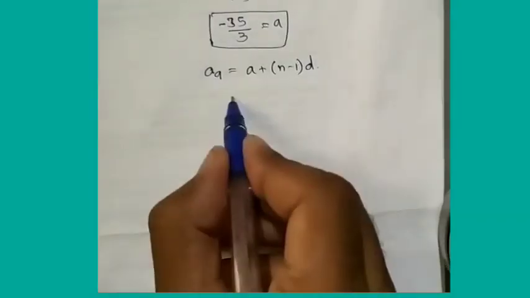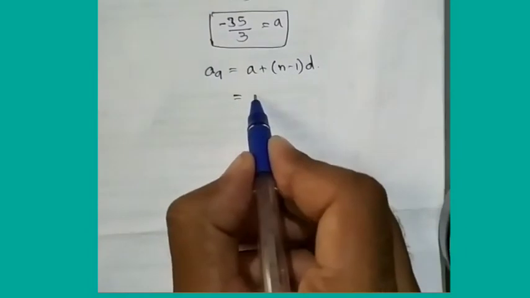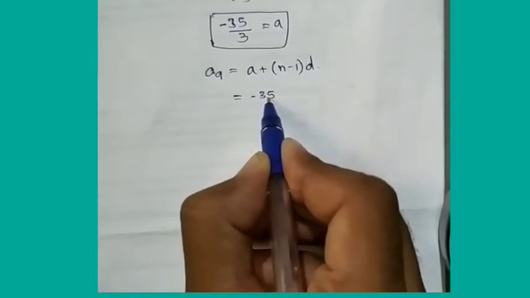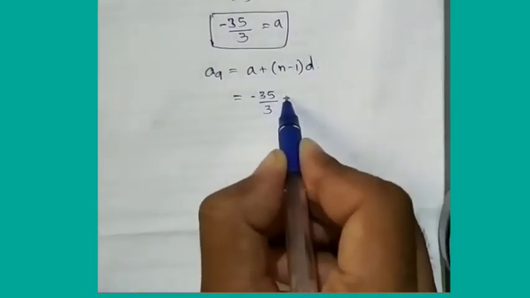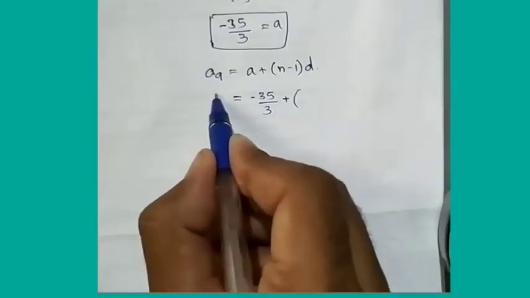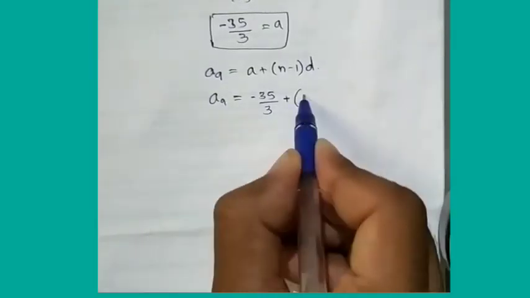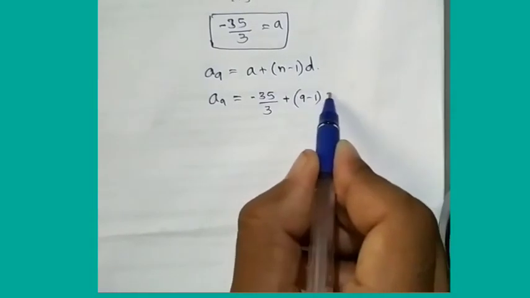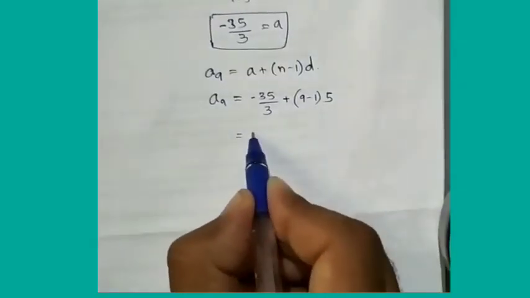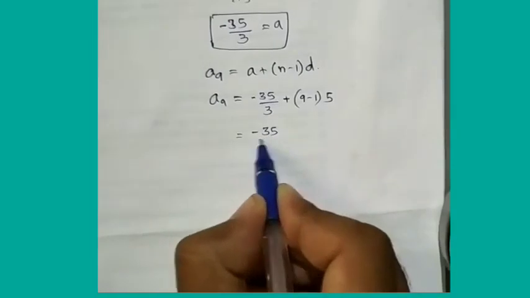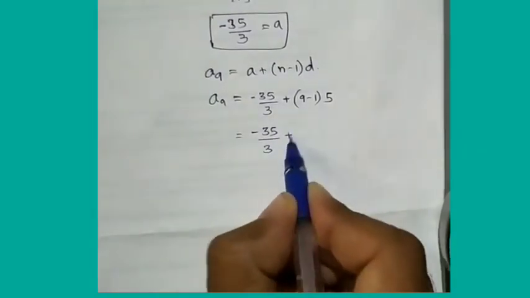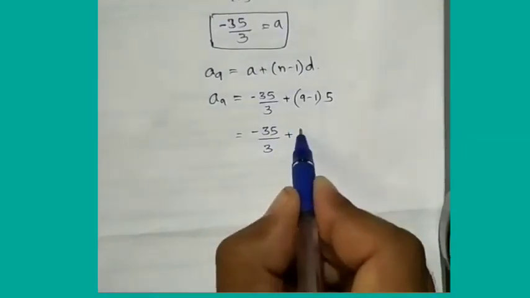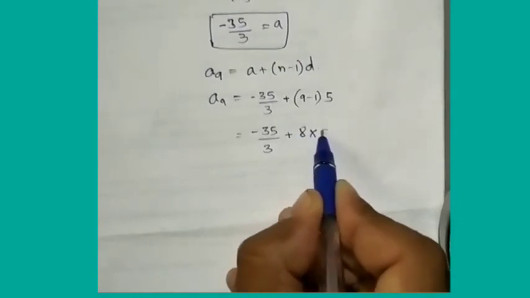Substitute the values. a equal to minus 35 by 3 plus, since it is a9, n equal to 9, 9 minus 1. And d they have given, that is 5. So here minus 35 divided by 3 plus 9 minus 1, that is 8 into 5.